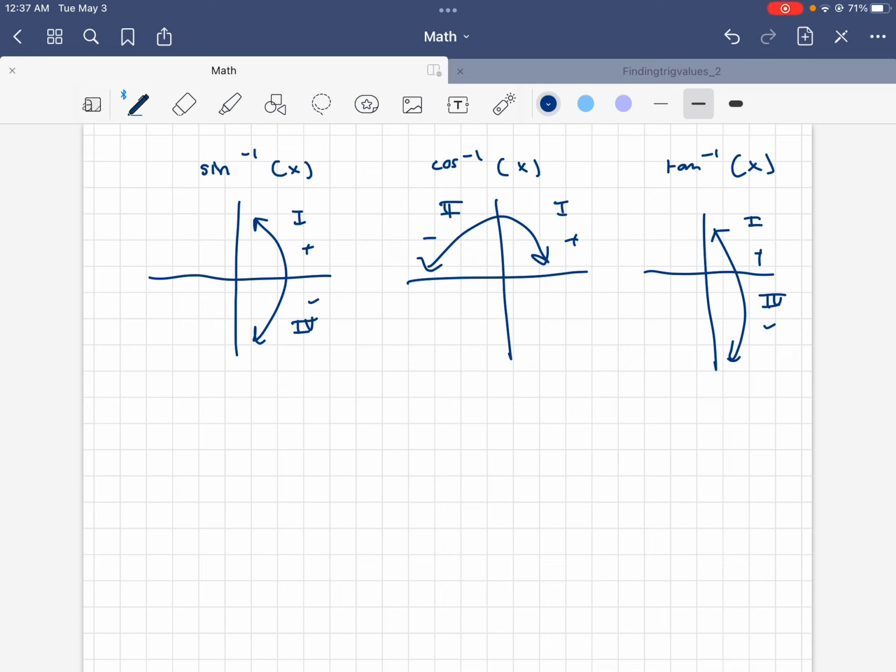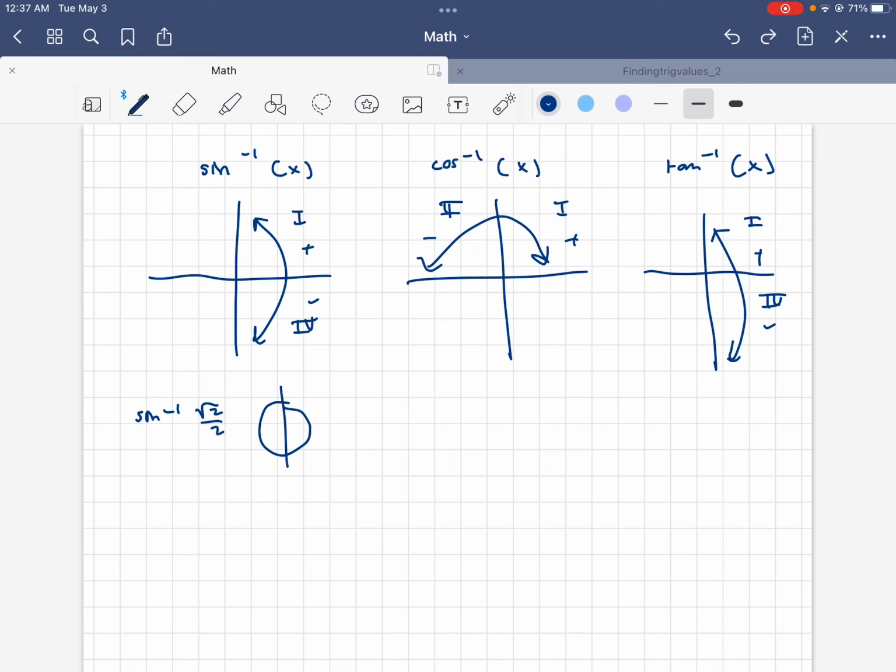So, sine inverse of square root of 2 over 2. It's asking at what angle measure sine is square root of 2 over 2. We know sine is opposite over hypotenuse. It's easiest to see when you draw a circle.